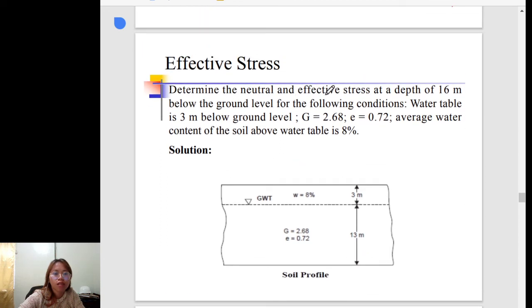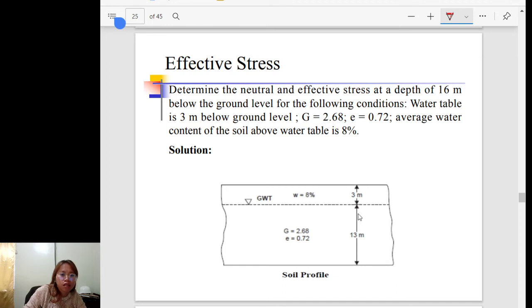Determine the neutral and effective stress at depth of 16 meters below the ground. Where is the 16 meters below the ground? So we have here the 16 meters, no? Naa diri because this is 3 plus 13. This is 16, no? So 16 meters. So at this point, no? At the ground level for the following conditions, we have the water table. So naa kay water table, 3 meters below the ground level.